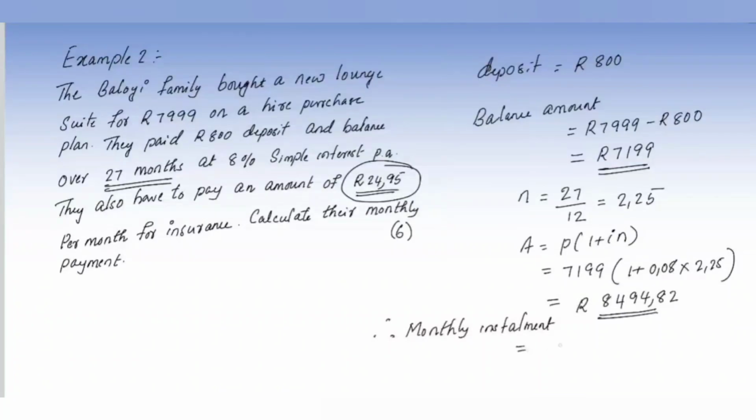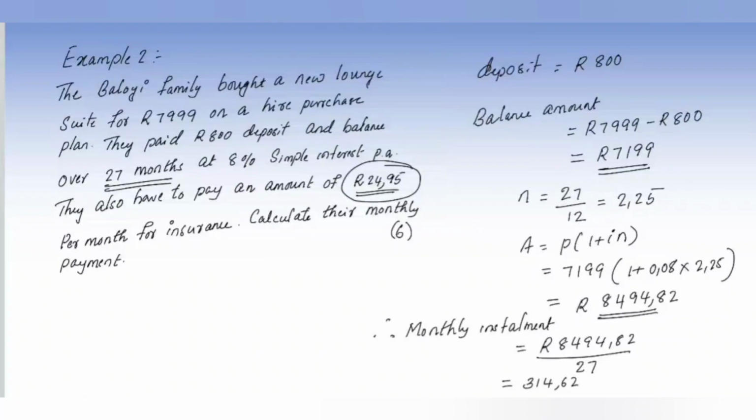Therefore, the monthly installment is rand 8,494,82 divided by 27, which is going to be 314. When you use the calculator, 314,62. Okay, and that is the monthly installment.